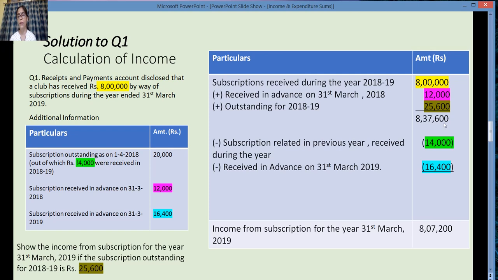After we add this and deduct these amounts, the actual income after all adjustments in the form of subscription is 8,07,200 rupees. This will be shown in the income and expenditure account. So student friends, this is how we adjust the income for a particular financial year in respect of a non-trading or not-for-profit organization.